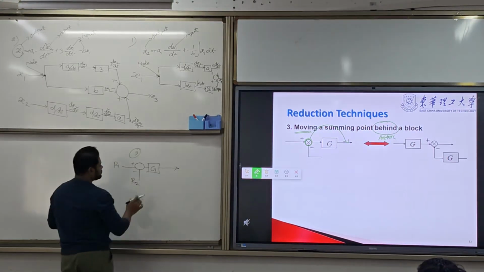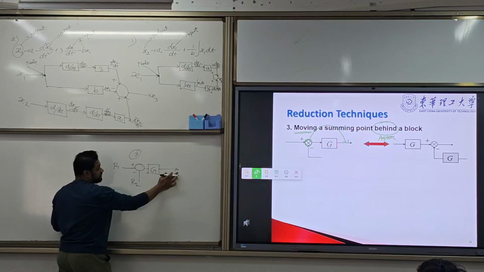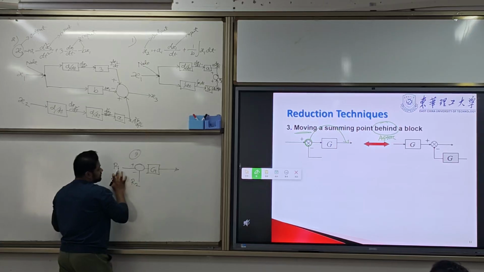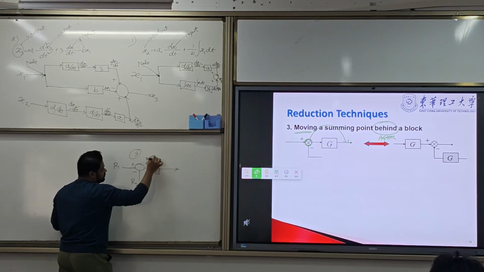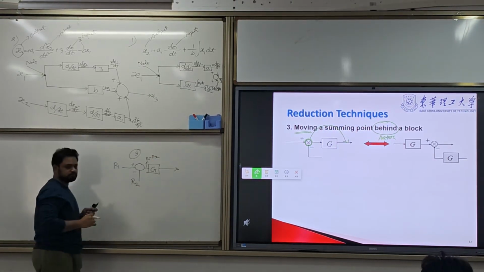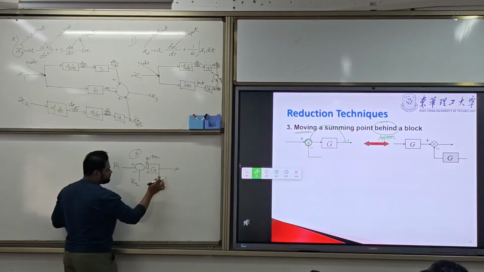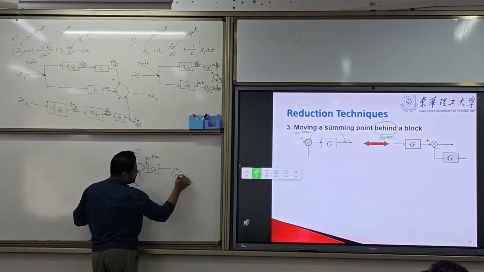First we need to find out the output. What will be the output? This is R1 minus R2 here, and then it will be multiplied with G: G times (R1 minus R2).